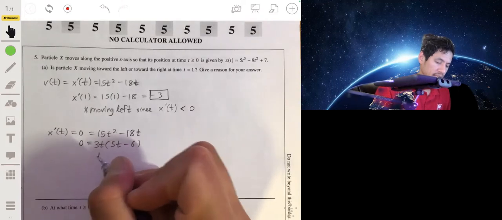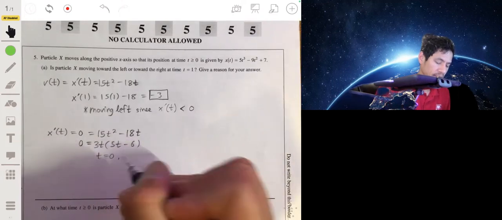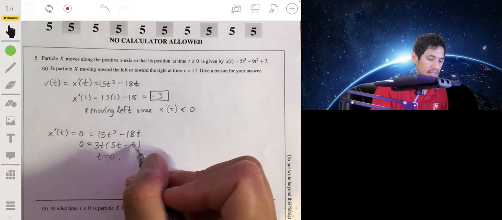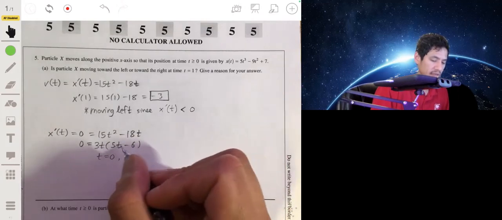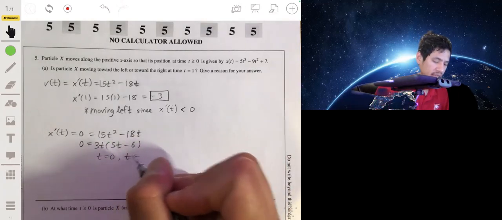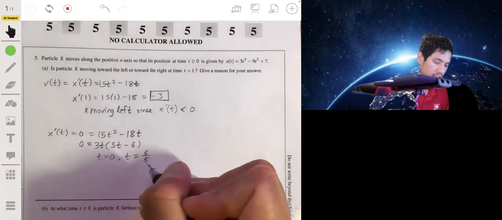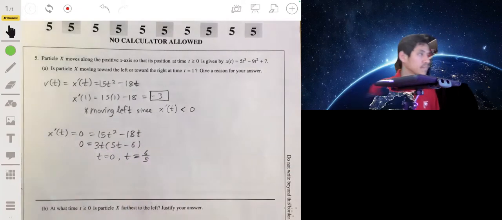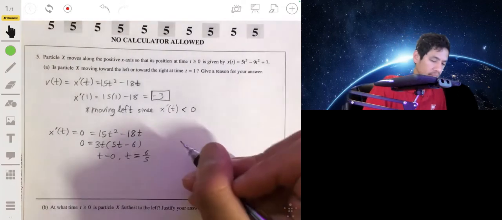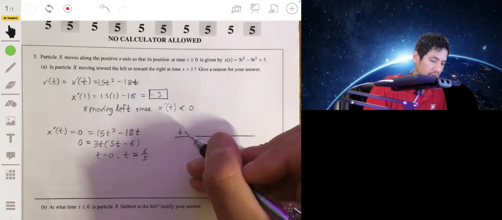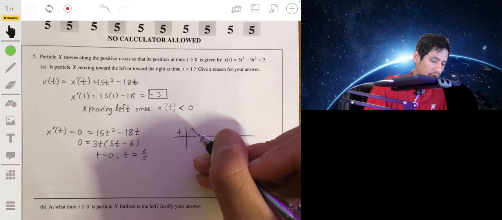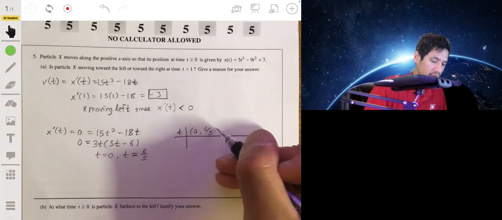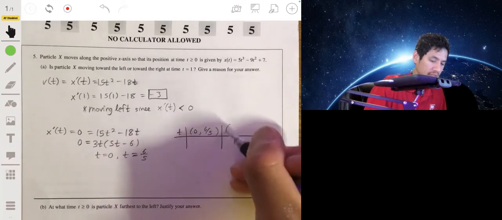And so for this, we'll get t equals 0, and then 5t minus 6 equals 0, so t equals 6/5. So we want to see what's going on from 0 to 6/5, and then from 6/5 and beyond.